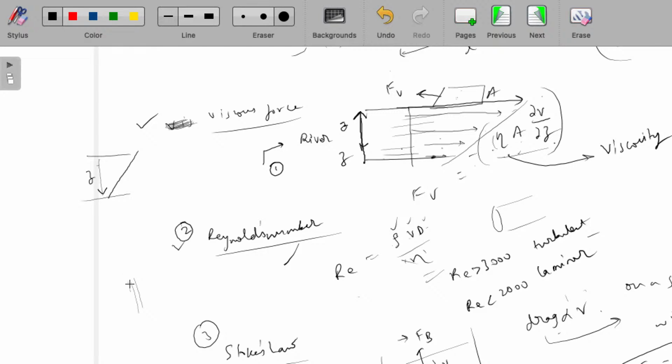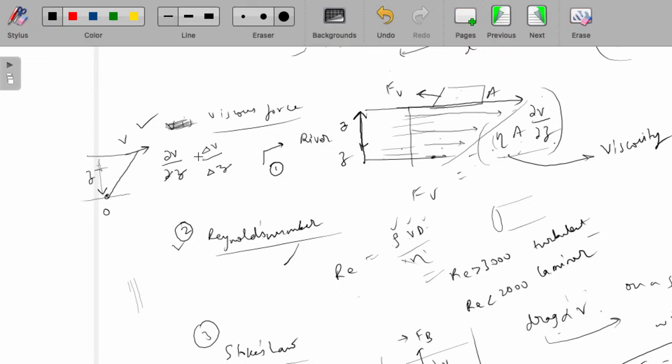Now, therefore, we can understand that there's a gradient to the velocity. That is, the velocity at the top is v here, and the velocity at the bottom is 0 here. So the gradient is given as dV by dZ, which is basically, if you consider a small change, the ratio of the change in velocity with the change in depth, delta v by delta z.